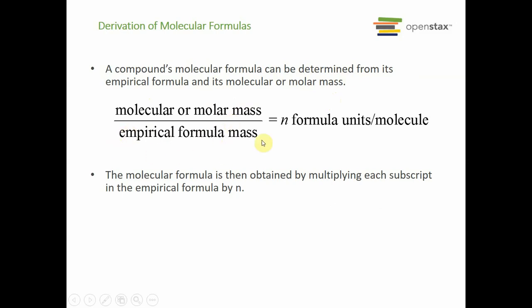Well, that empirical formula implies a certain mass also. And so if you take the experimental molecular mass, divide it by the mass of the empirical formula, you know how many empirical formula units there are within the molecule. The molecular formula is then obtained by multiplying each subscript in the empirical formula by this quantity N that is calculated by this formula.